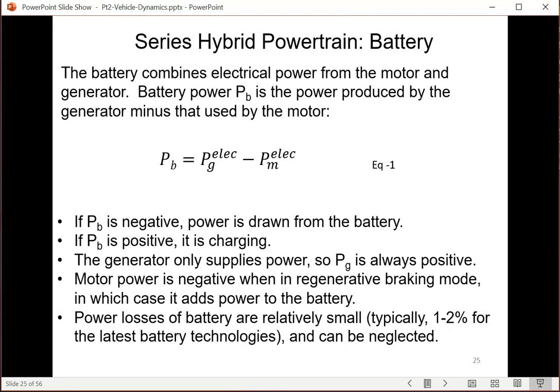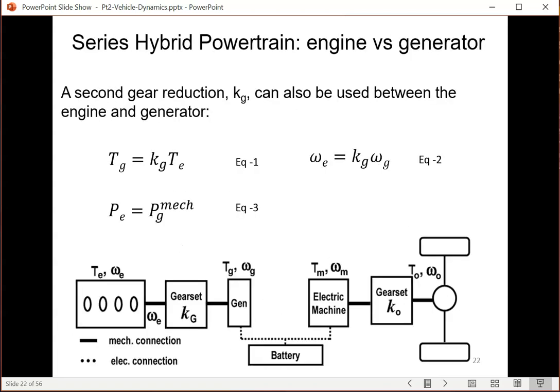But also, if you look at this diagram there, the output of the generator is charging the battery and also supplies the electrical motor as well. The generator needs to charge the battery, but also supply the energy to the electrical motor.